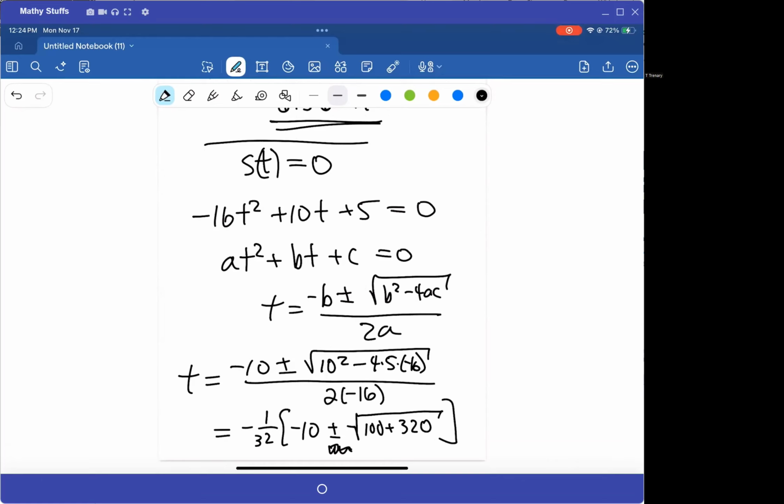And actually, I'm just going to get rid of all these negatives because they can make this a plus 1/32, a plus 10, and then plus square root. So you can see that the outside negative would cancel. And so I'm going to take that plus 10 and then divide that by 32.